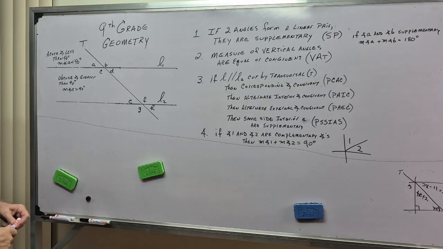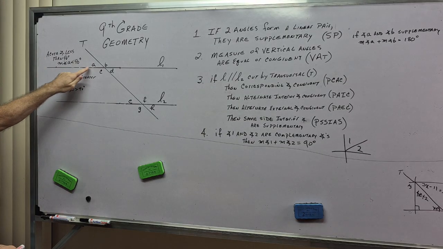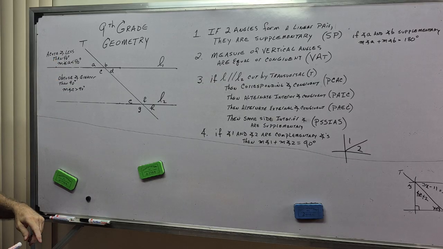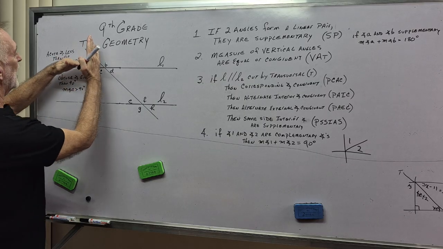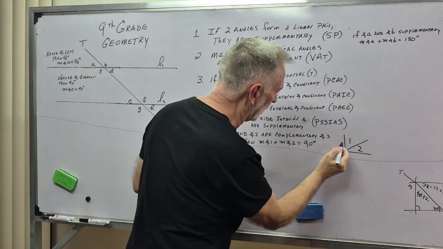Okay. So some definitions: an acute angle, this one here, you'll notice that it's less than 90 degrees. And a 90-degree angle would look like that. Actually, a right angle.